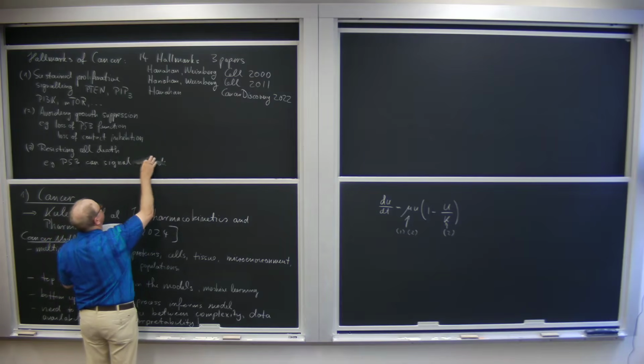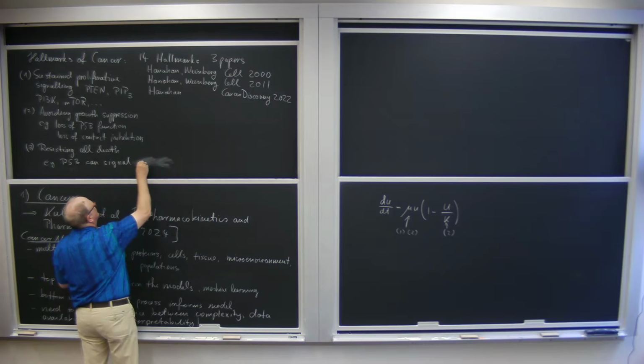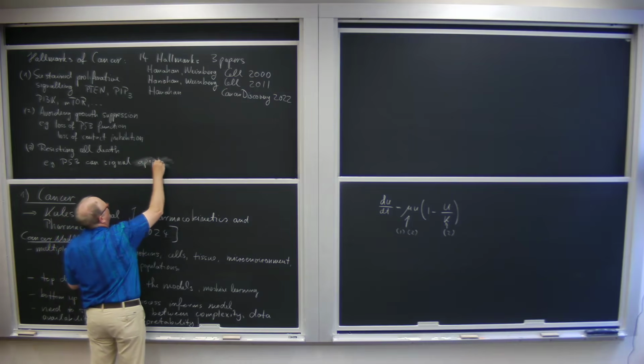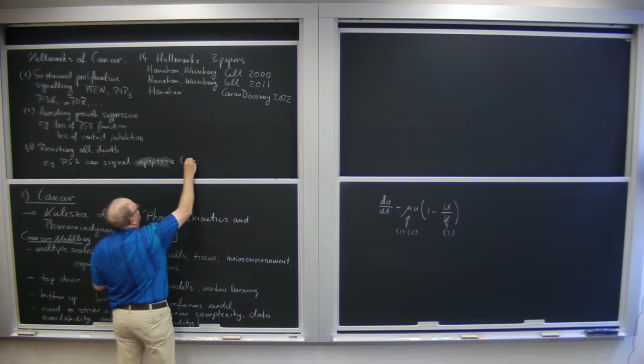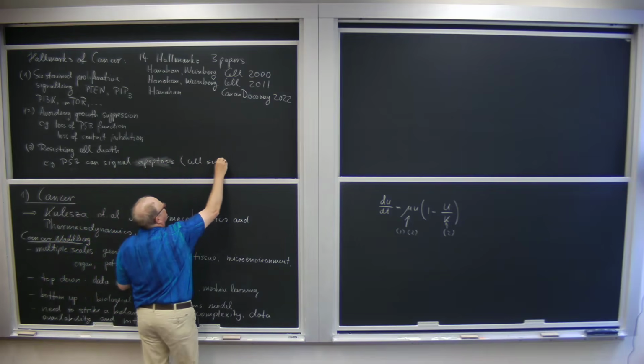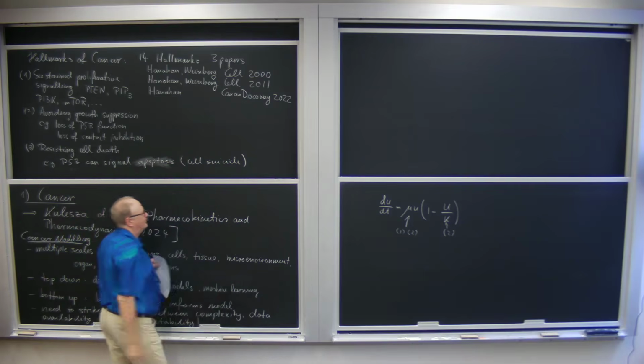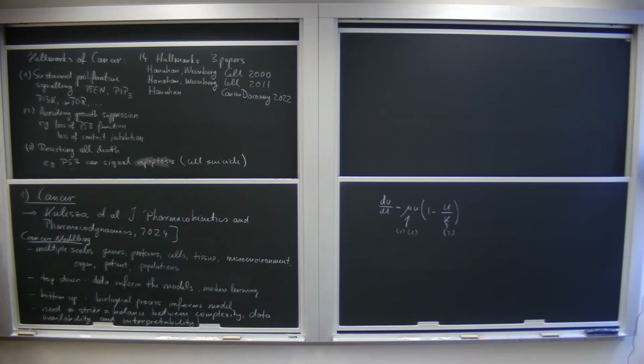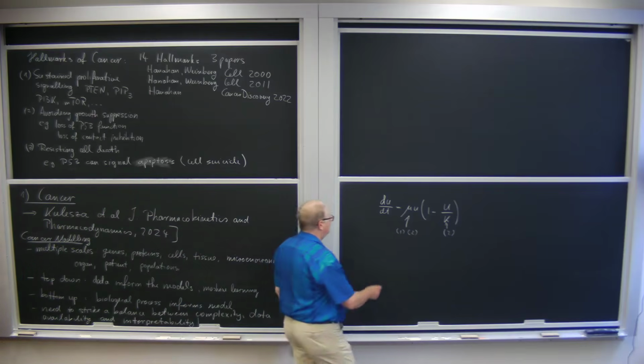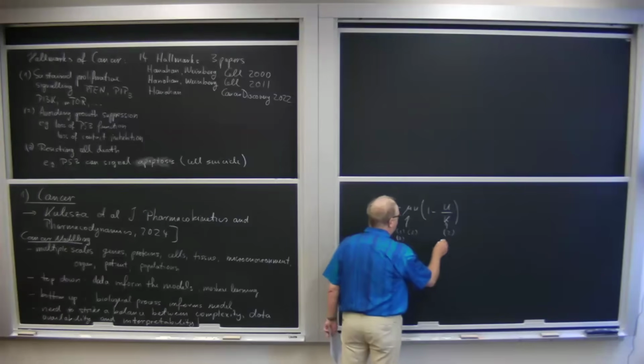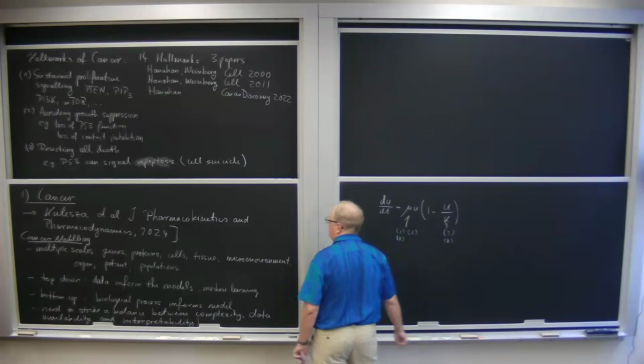I want to call it apoptosis, so cell suicide. But this is essentially the same as a growth inhibition, right? So probably the same, in mu and in K as well. Yeah. Okay.